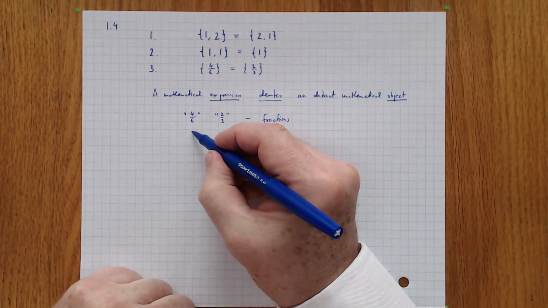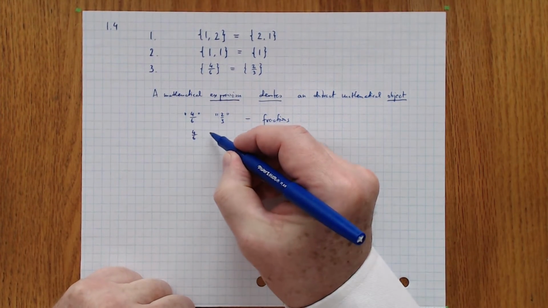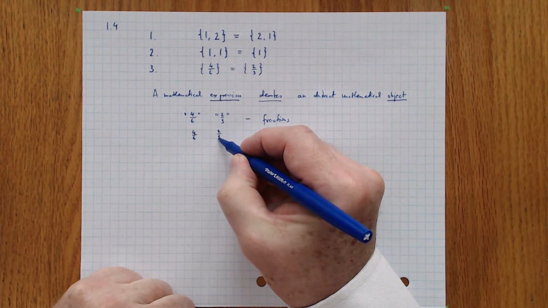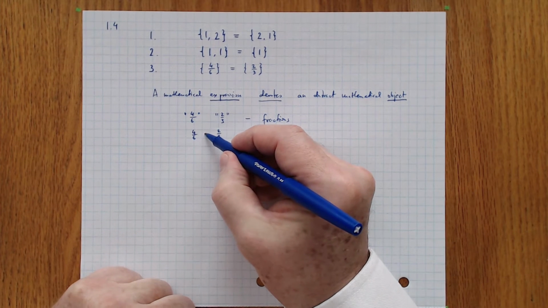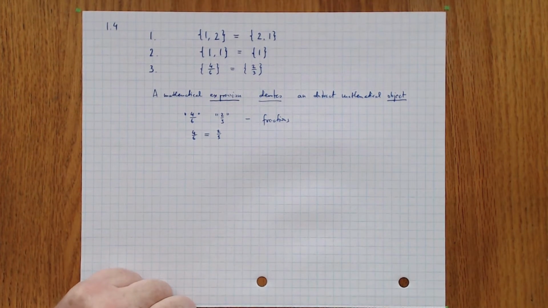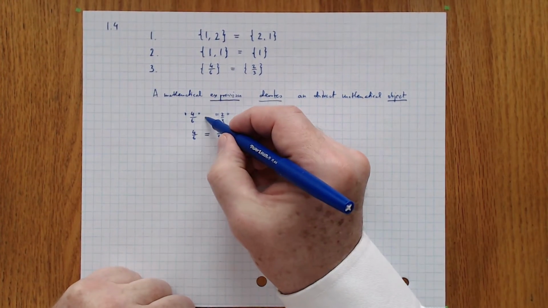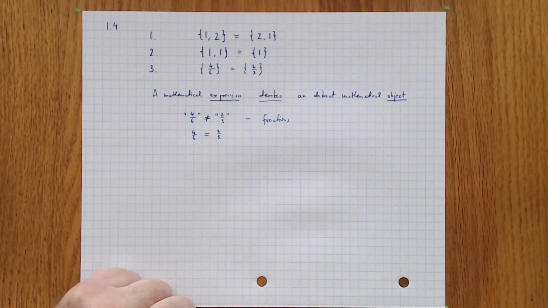That rational number could be written either as 4 over 6 or 2 over 3 and in many other ways, and whichever way we write it, it is the same rational number. The expressions are not the same, but they denote the same rational number.